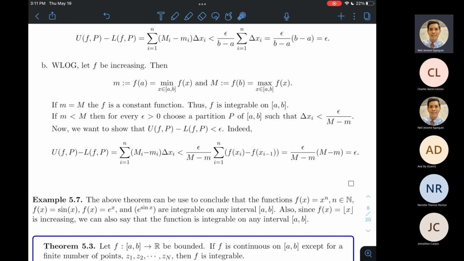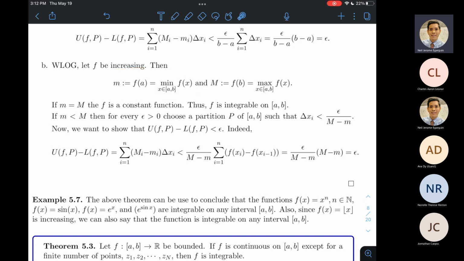Okay, so without loss of generality, I will assume that f is increasing. I can do so because I can easily tweak the proof that I will present kung si f naman ay decreasing. Okay? So kung si f ay increasing, ibig sabihin yung minimum ni f ay function value nung left endpoint. Kasi nga increasing siya.